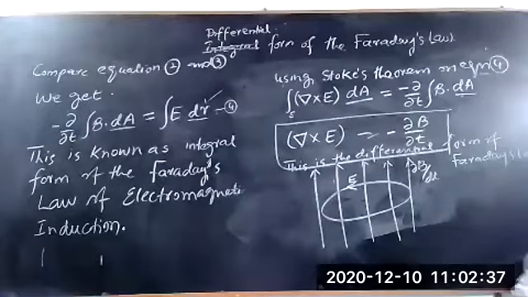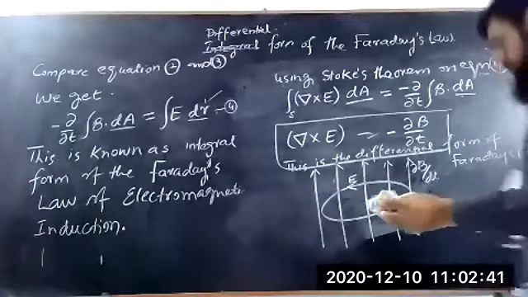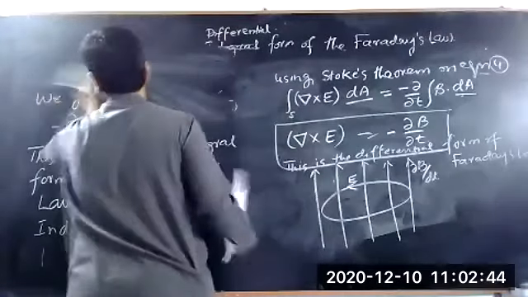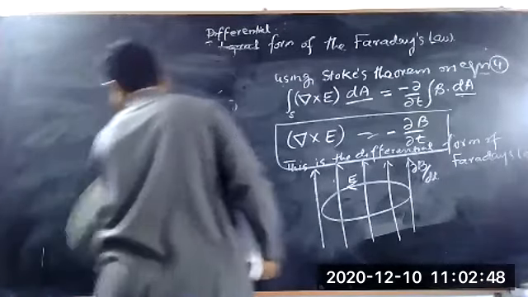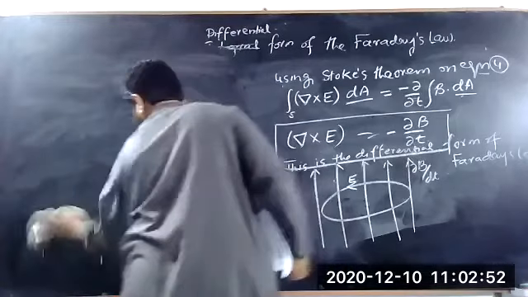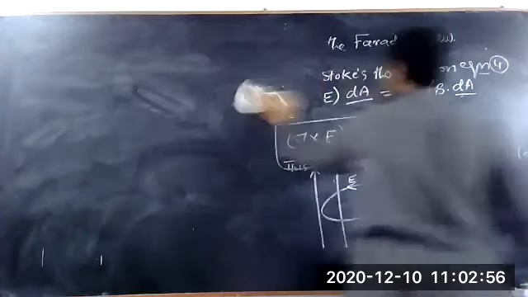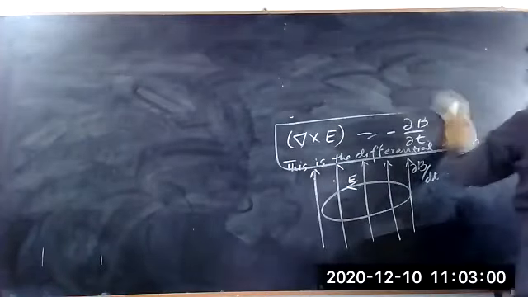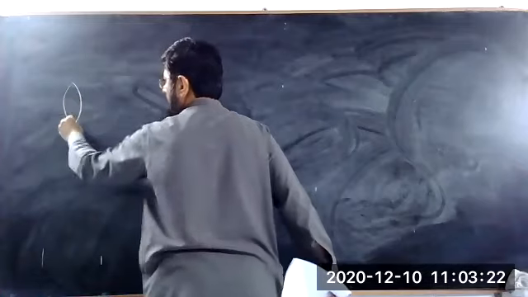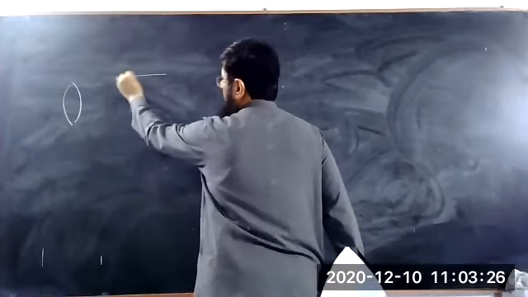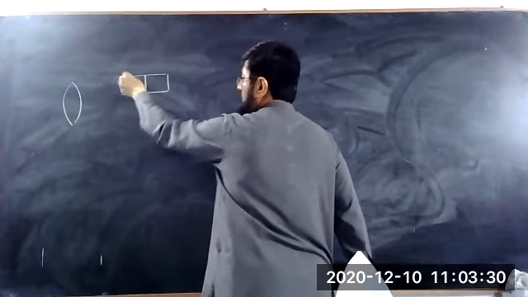For example, let's say this is the coil, or instead of a coil, a wire, and this is the magnet with north pole and south pole.